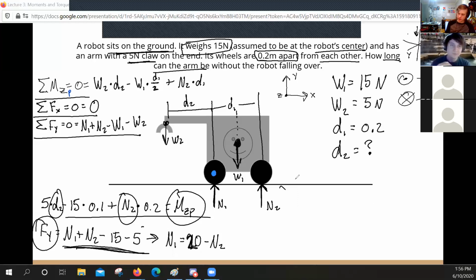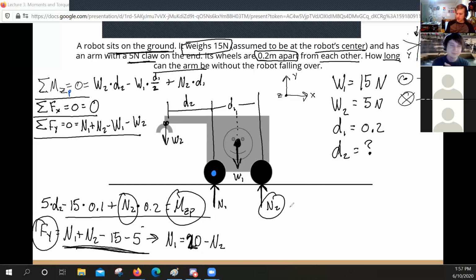Because he is correct that if the robot is on the verge of tipping, right? So like if we know that it's static, it's not moving, but if this arm was any amount longer, even a 0.1 millionth of a unit longer, then it would tip, right?